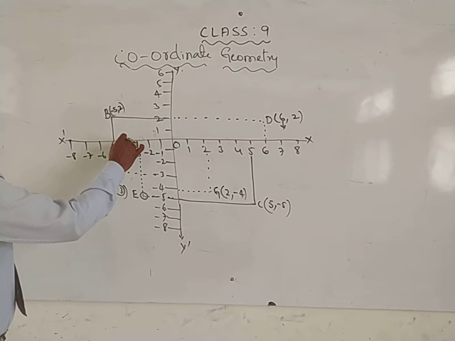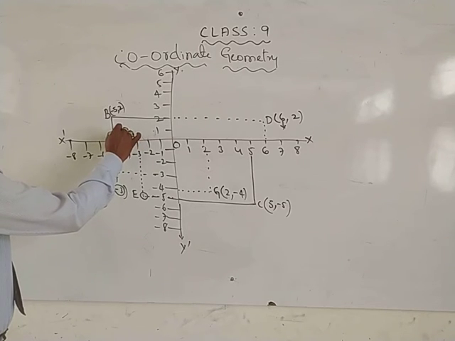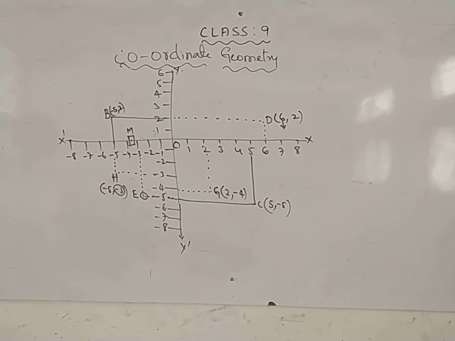This is M. What are the coordinates of this M? Anyone tell me? Now, this point is in between minus 4 and minus 3. Therefore, X value will be minus 3.5. What about Y? It is on the X axis. It is on the X axis means Y will be 0. Okay? Right. So, one exercise only completed.